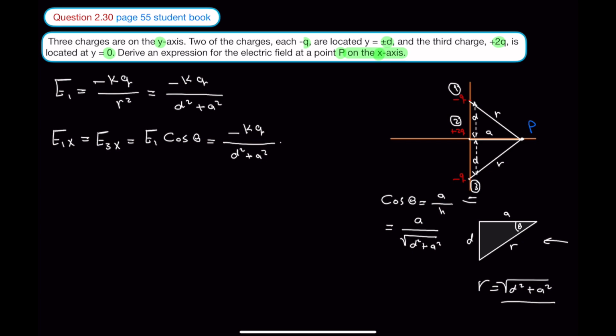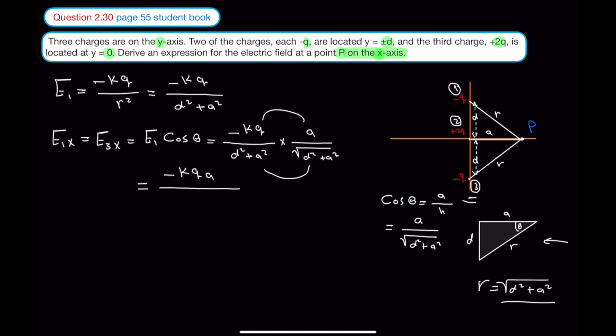So let's multiply times this value, a over the square root of d squared plus a squared. Now let's simplify this. It would be equal to, let's multiply both sides, this one and this one. So it becomes negative kqa, and here multiplication is adding the powers.